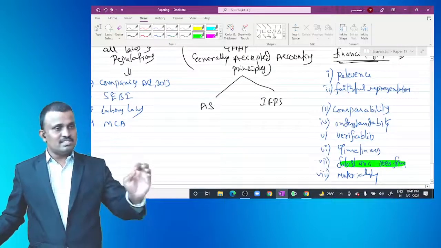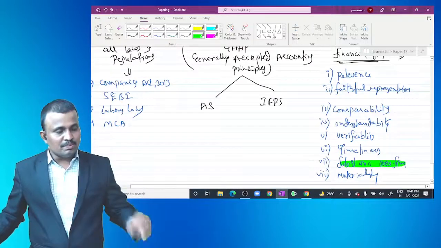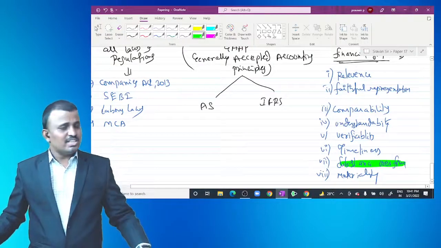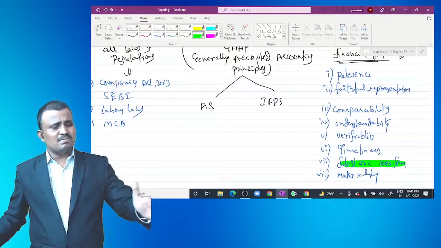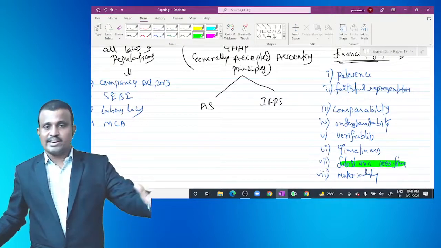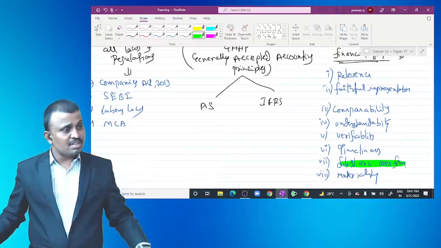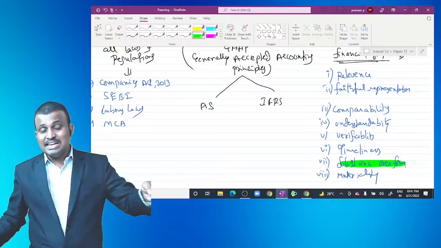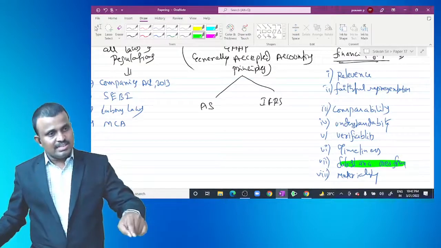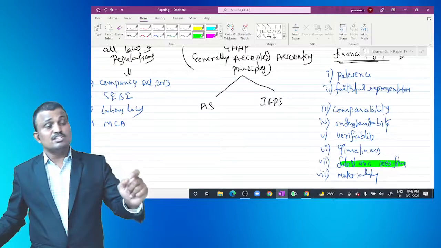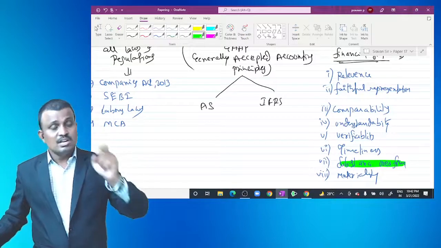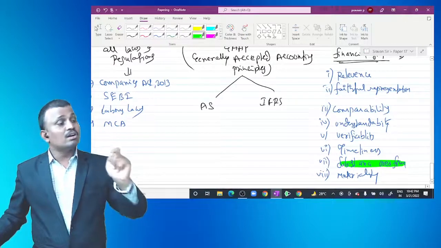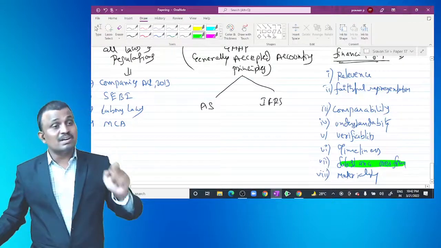I will explain it in a simple way. For example, coming to the preference shares. Generally, preference shares form part of the share capital. But in reality, preference shares have more features of debt or obligation, nothing but a liability feature.